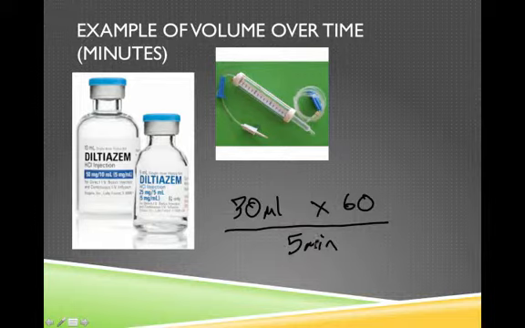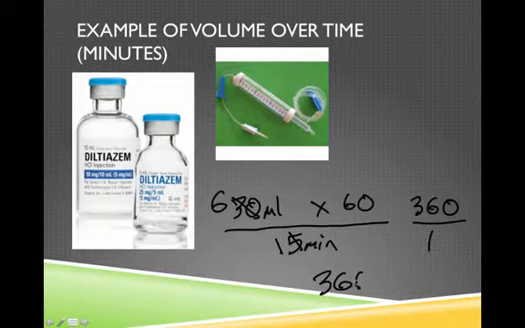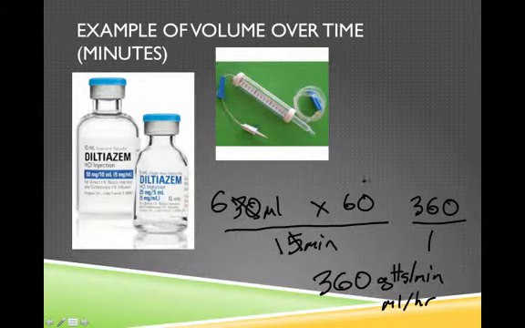So looking at this, we can reduce it a little bit. 5 will go into 5 one time, 5 will go into 30 6 times. 6 times 60 is 360 over 1. 360 drops per minute, or mils per hour, since we used a 60 drop set. Pretty straightforward, huh?